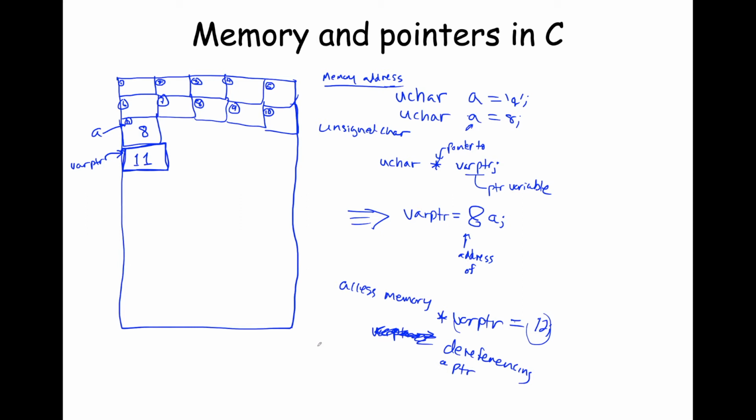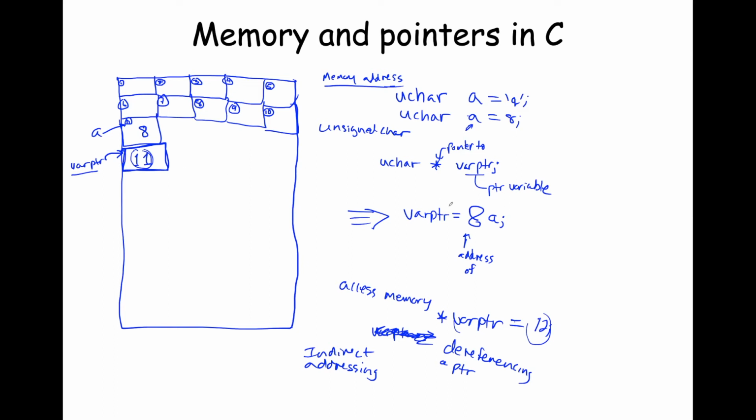Or sometimes it's called indirect addressing. And so essentially what I'm doing, I'm not accessing this memory location directly. I'm using the contents of var pointer, treating it as a memory address, and saying access whatever is at the memory address stored in this var pointer.